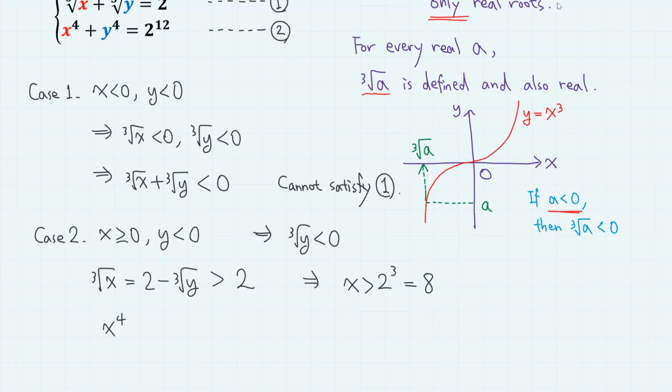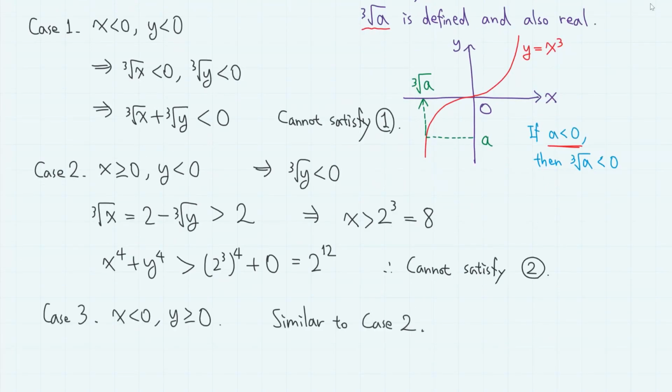But as for the 4th powers, this gives x to the 4th power plus y to the 4th power is greater than 2 cubed to the 4th power plus 0, which is 2 to the 12th power, which means that equation 2 cannot be satisfied, hence this is another invalid case. The same logic applies if x is negative and y is non-negative.